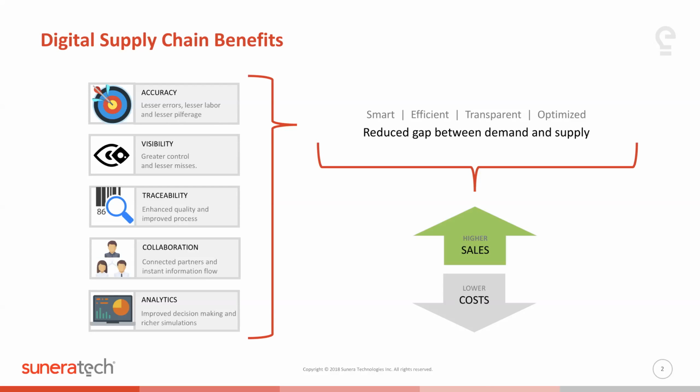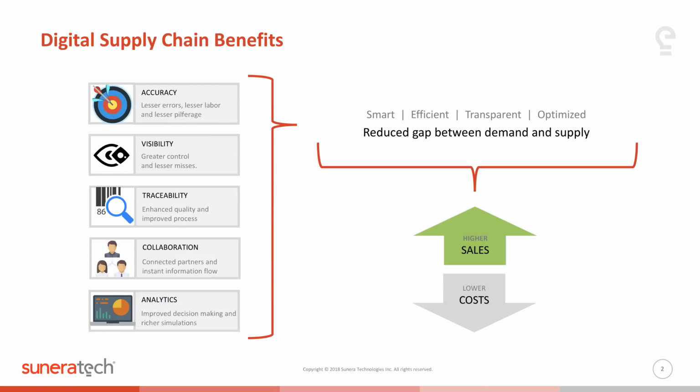Collaboration, again, digital supply chain provides for all your supply chain partners, be it your suppliers, your outside system providers or process providers, your third-party logistics providers, or your distributors. All of them can participate in a digital supply chain and update the systems to make sure that you have complete visibility, accuracy, and traceability.